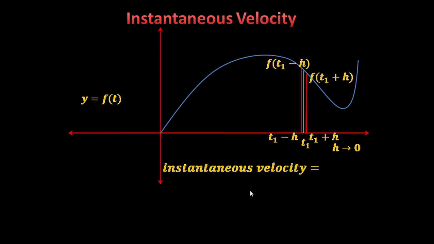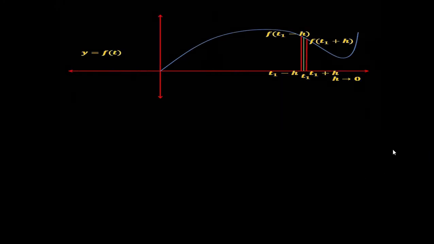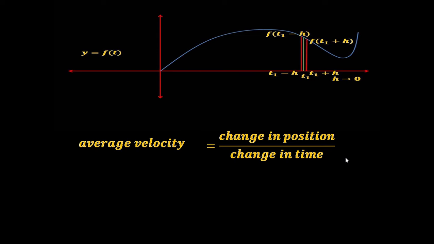Let us see. Instantaneous velocity is equal to the average velocity from t1 to t1 plus h, or the average velocity from t1 minus h to t1. Now, how do we find the average velocity on this curve? Average velocity is equal to change in position by change in time.